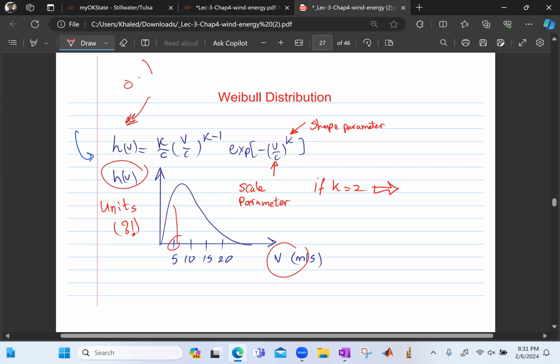So for every velocity, you can go and read the number, right? Except that it's a continuous curve. So it's not really like when I read at 20, it's the probability of exactly 20. Not 20.1, not 20.2. Right? Because it's a continuous curve.